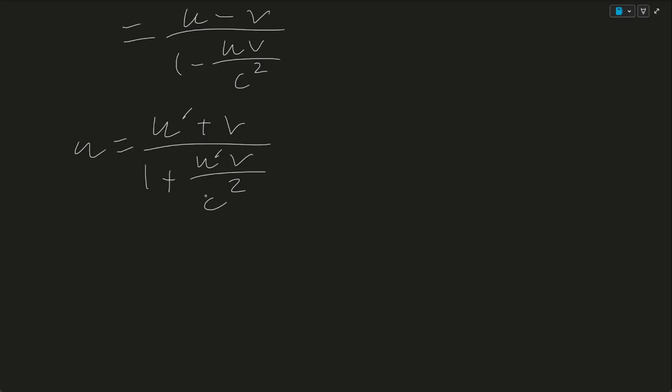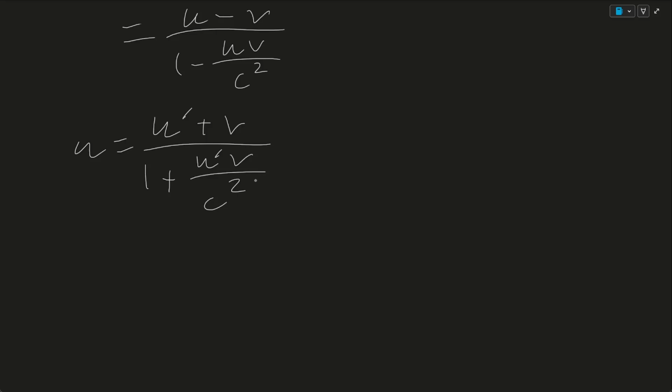And then that's just c, right? Because the 1 plus v over c cancels from top and bottom. So that's how we recover the speed of light, because u is then also equal to c, which is the important thing, because that means u dash and u are the same when u dash is equal to c. So that's good. We're right there.